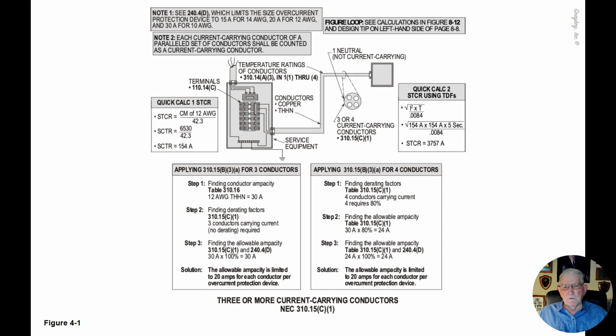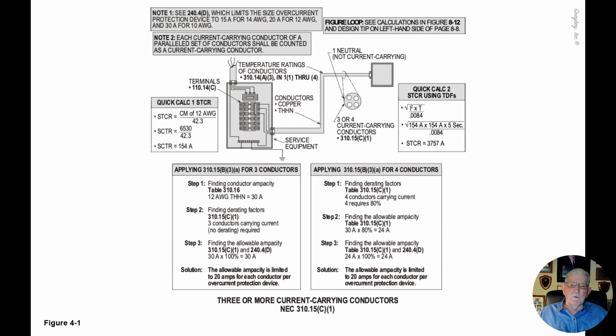But as you see in the solution and the answer, 240.4(D), as you see in note 1 above, would limit it to 20 amps at number 12 because of the 20 amp overcurrent device being placed ahead of the number 12 copper conductors.